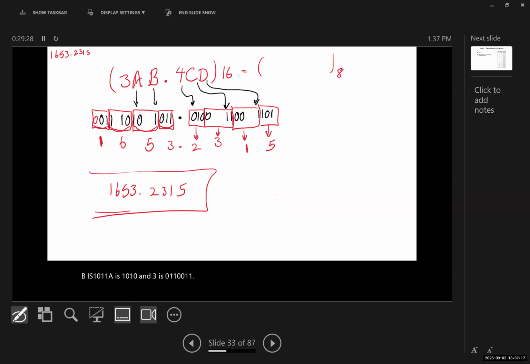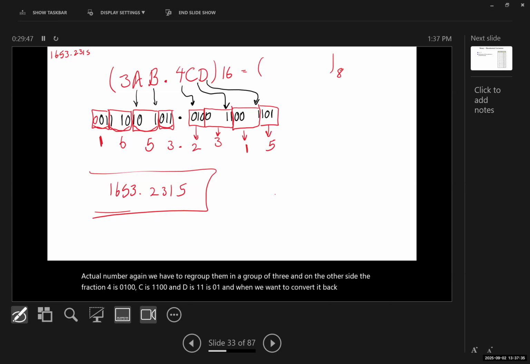And when we want to convert it back to an octal number, again we have to regroup them in groups of 3. And on the other side, the fraction 4 is 0100, C is 1100, and D is 1101. And when we convert it back, we regroup it in groups of 3s, and it's going to be 1653.2315.